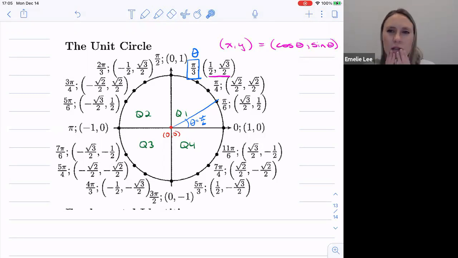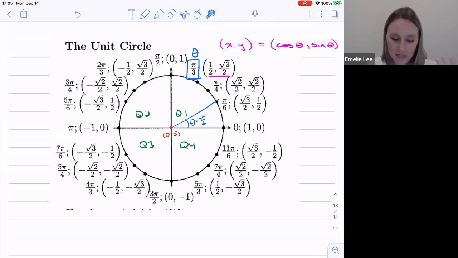What else can we say about this thing? Oh yeah, our y values are positive in quadrant 1 and quadrant 2. So sine is positive in quadrant 1 and quadrant 2, and sine is negative in quadrant 3 and quadrant 4. And then you add another layer when you talk about things like the tangent of some angle, which is the sine over the cosine, right?